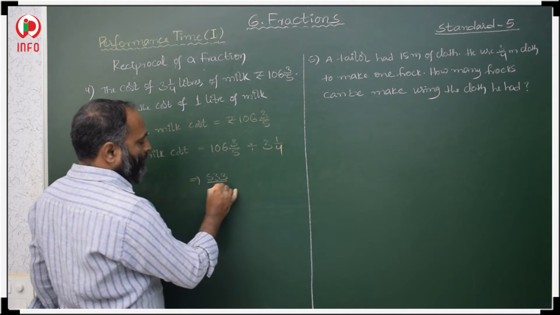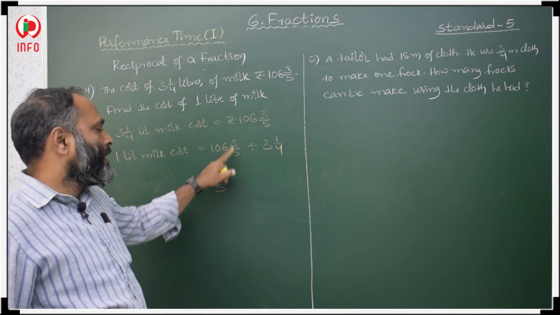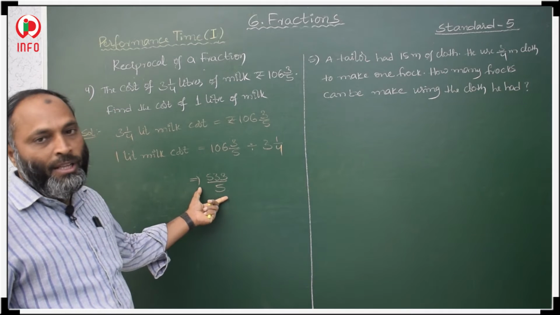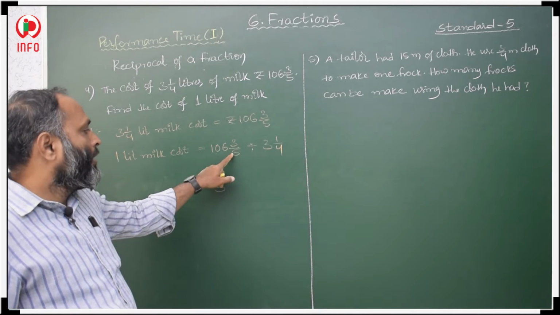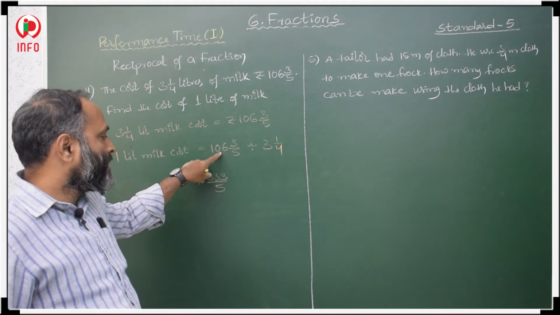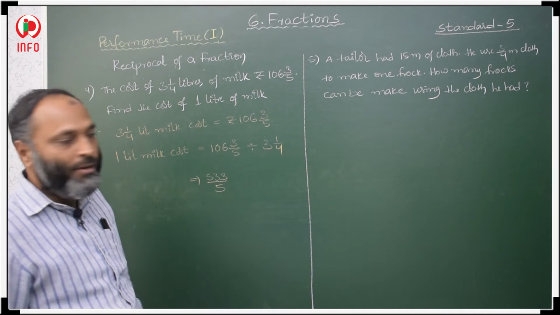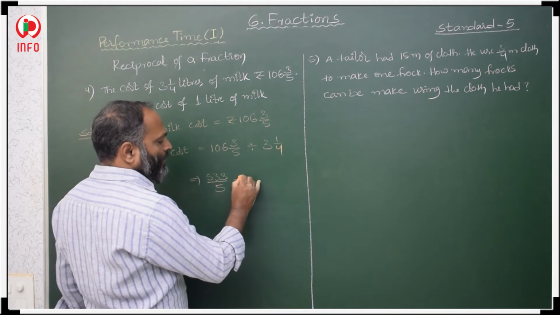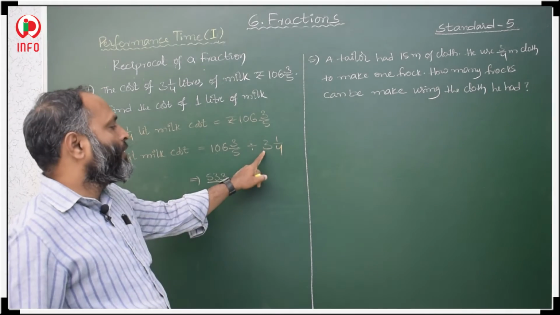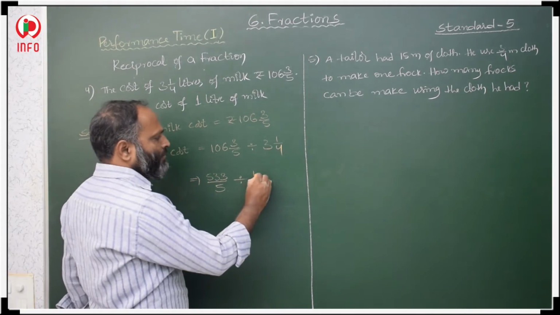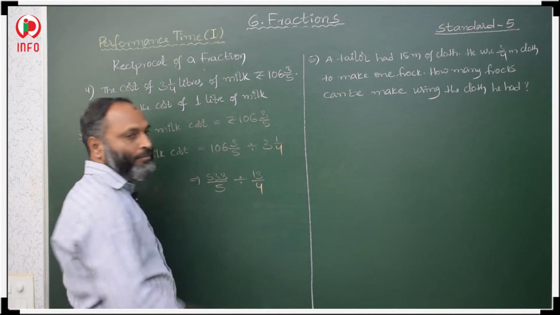If we convert this into improper, you will get 533/5. How? 5 into 106, 530, 530 plus 3, 533/5. Then after that divided by 3 4s are 12, 12 plus 1, 13/4.